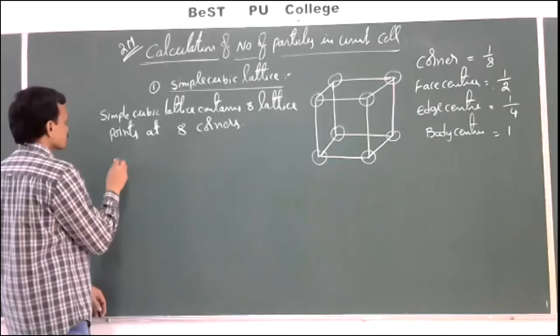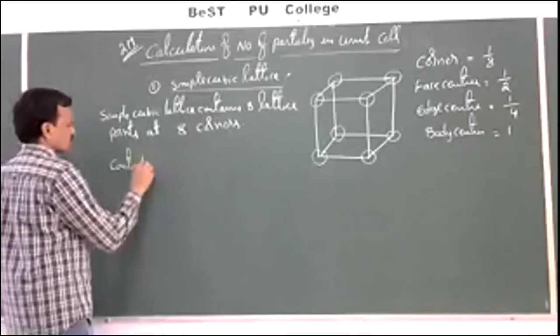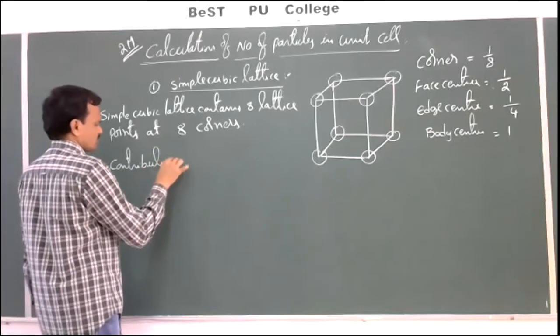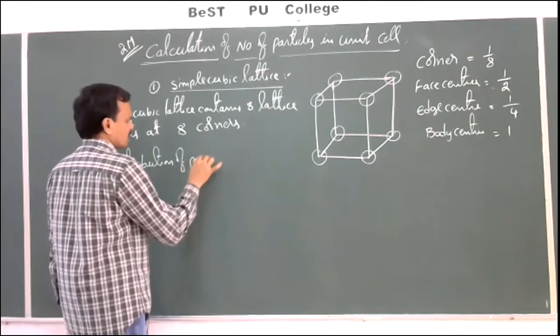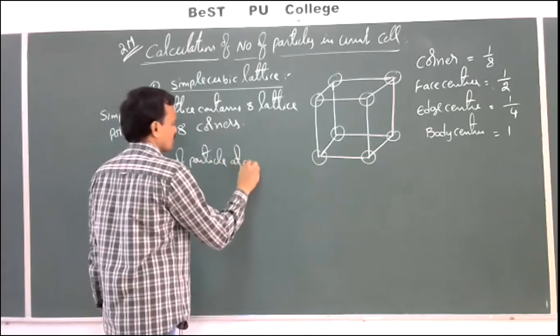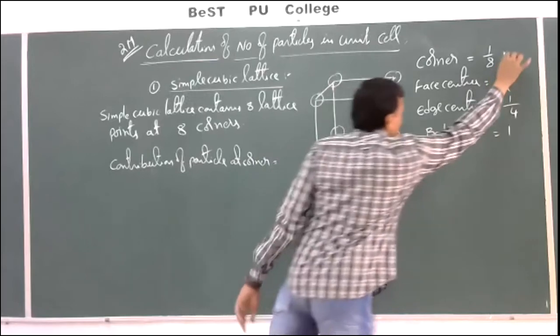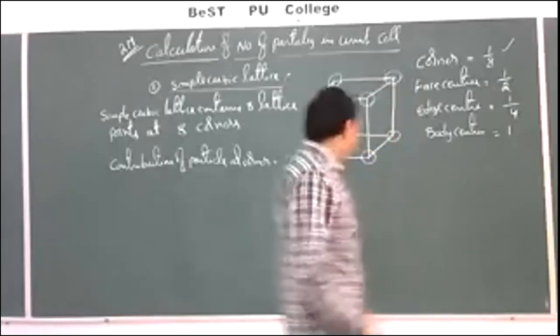Next, the contribution of the particle at the corner. What is the contribution of the particle at the corner? 1 by 8.